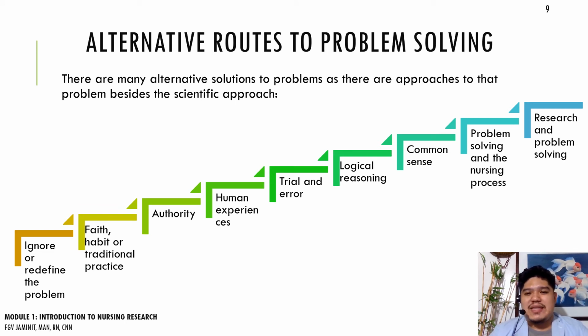It is presented in a ladder form, for it represents that when you check the bottom of the ladder, it is the lowest form of solving the problem. And the highest form would be, of course, the one you can see at the top of the ladder.